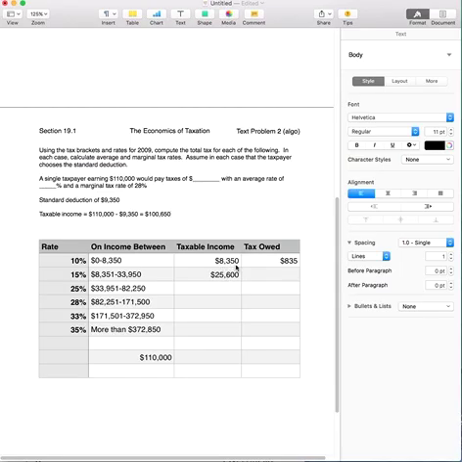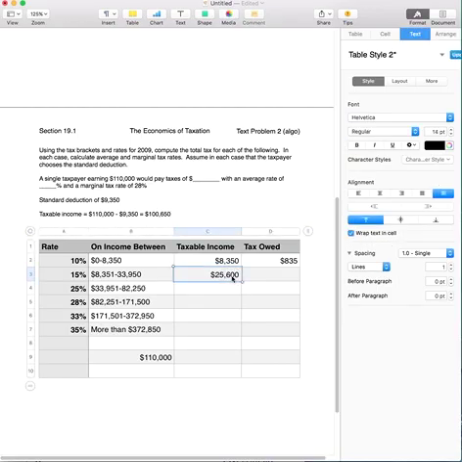If you add 8,350 together with 25,600, you will get the upper bound of the bracket here, 33,950. So this 25,600 is going to be taxed at 15%. I can just copy that formula down. So they are going to pay $3,840 on that next $25,600 in that particular bracket.